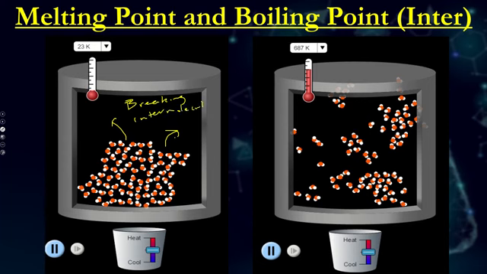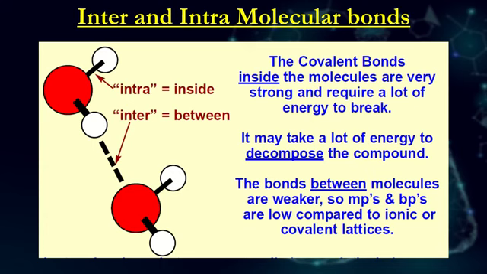So it's bonds between compounds, bonds between molecules. We do not break intra, so bonds between elements. That's not what boiling does. Okay, we talked about this last lesson. We had intra, the bonds between the elements, and inter, the bonds between the molecules and the compounds. Okay, so the bonds between molecules are weaker.